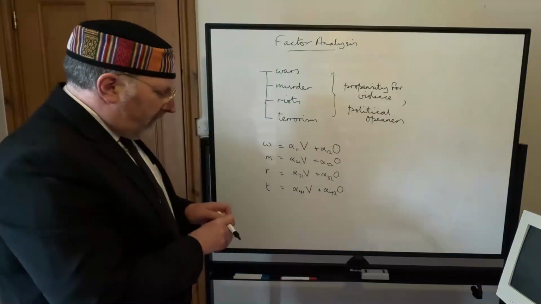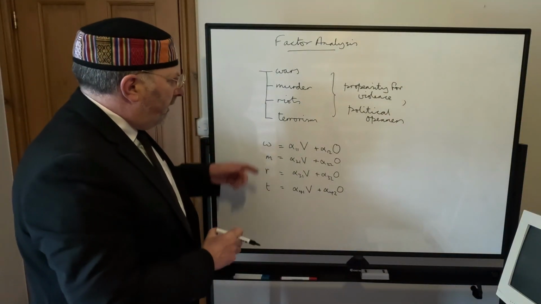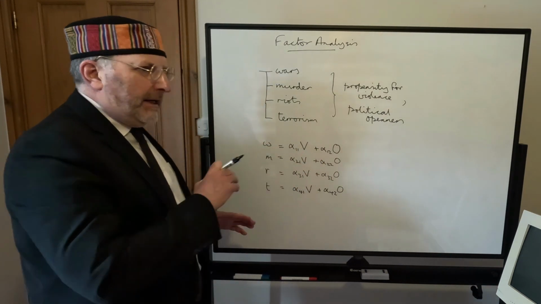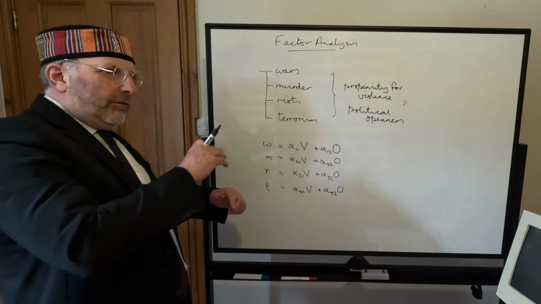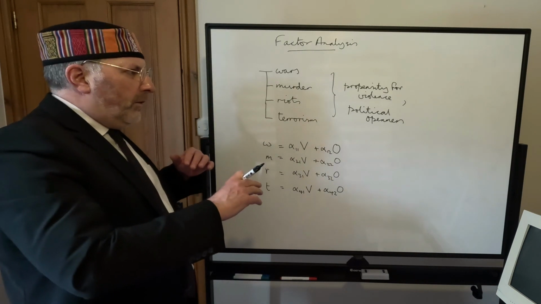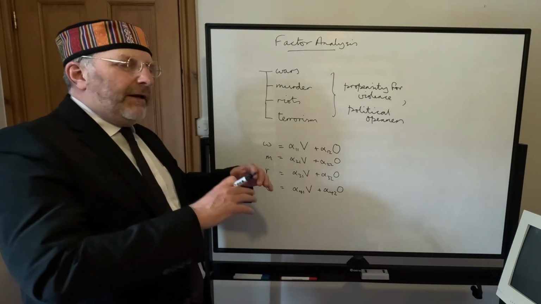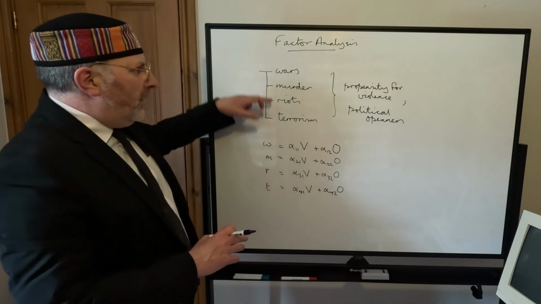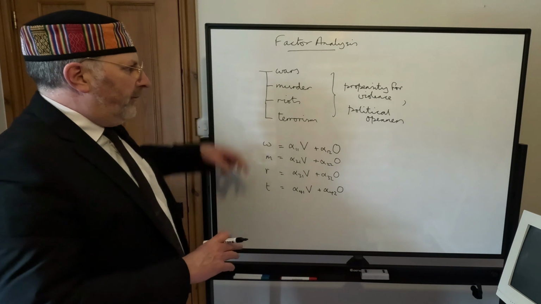In this case, I've written it as though we're looking at how the war depends on V and O, but actually what we really want to find is normally the other way around. We want to work out our factors, like propensity for violence, for each society. We want to know how they depend on the things we can observe.